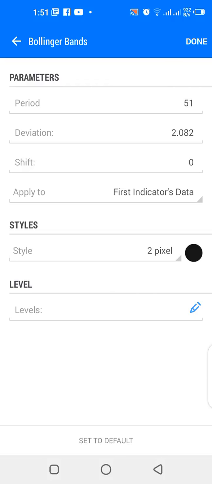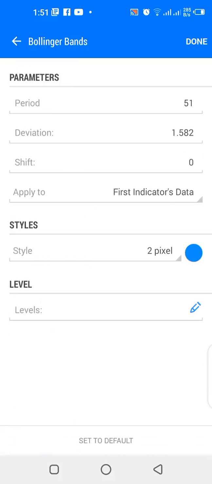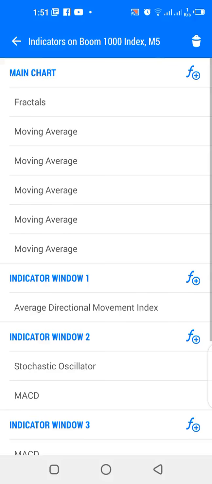It's applied to first indicator's data, and the color is black. And the second Bollinger Band on indicator window 3 is also a 51 period Bollinger Band. The deviation is 1.582, applied to first indicator's data, but this time around the color is blue.